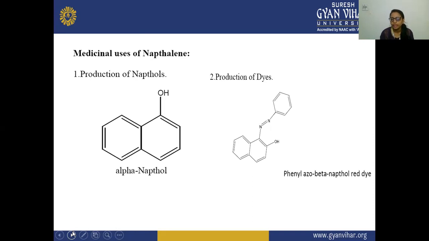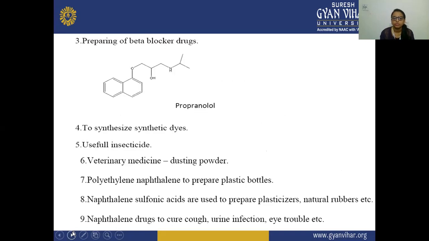Azo is due to the N double bond N. So the medicinal use of naphthalene is first in the production of naphthol, second in the production of dyes.